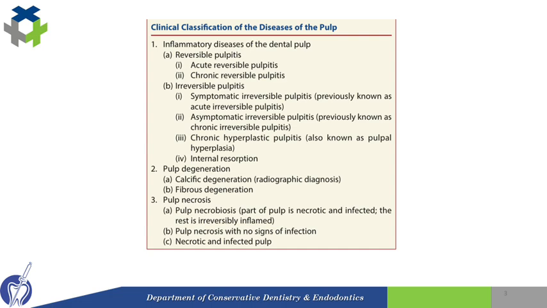Under pulp necrosis, it could be pulp necrobiasis, where part of the pulp is necrotic and infected, the rest is irreversibly inflamed; pulp necrosis with no signs of infection; and necrotic and infected pulp.